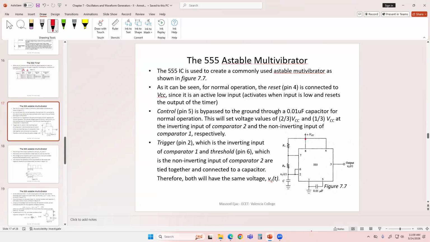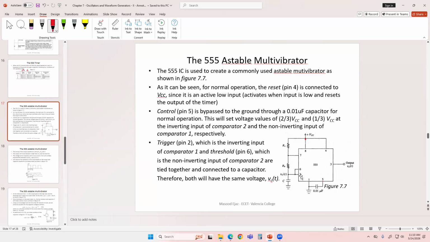Since it is an active low input, it activates when the input is low and resets the output of the timer. Pin number 5, which is right over here, is bypassed to the ground through a 0.01 microfarad capacitor for normal operation. This will set voltage values of 2/3 of VCC and 1/3 of VCC at the inverting input of comparator 2 and the non-inverting input of comparator 1.